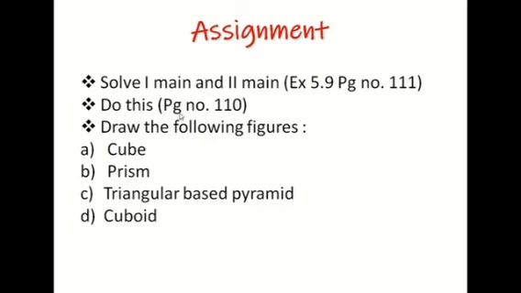Then it is do this, page 110, the same lesson, same textbook. There are also few fill in the blanks. Today you have learned how to draw cube, prism, triangular base, pyramid, cuboid, all the 3D figures. So please practice it and draw this many what I have given in the assignment.